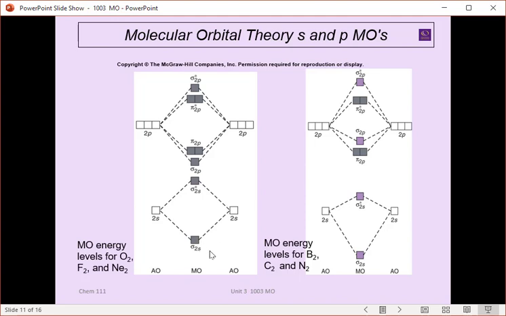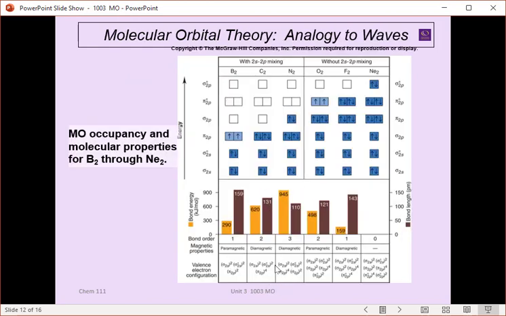So here we go. When you look at the oxygen, fluorine, and neon families, it splits a little bit more like a mirror image, where you have the sigma bonding below the pi's, and then it mirrors up where the pi anti-bonding is below and the sigma anti-bonding is at the top. So what does that mean as you move forward?